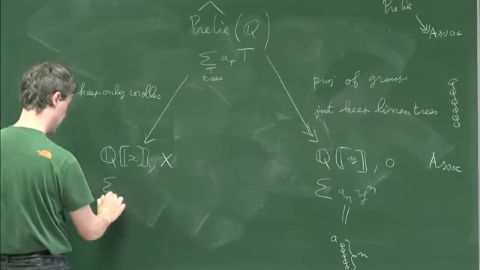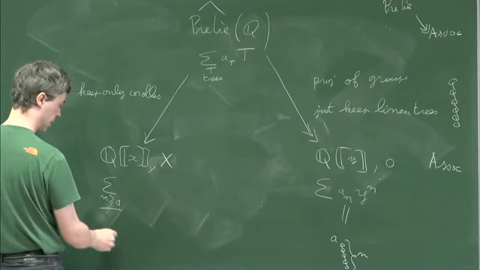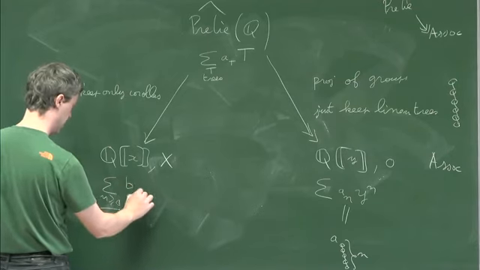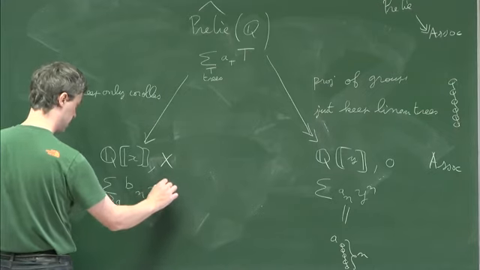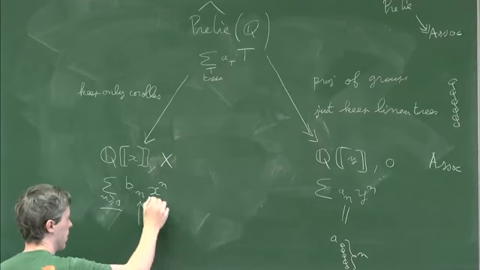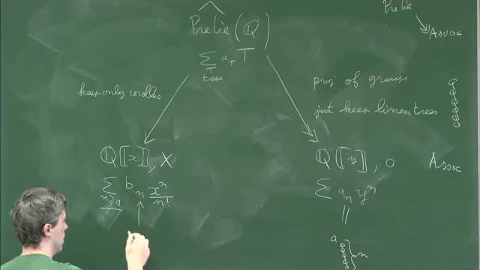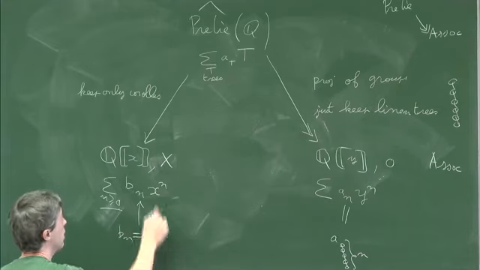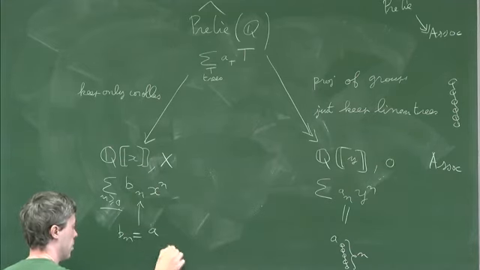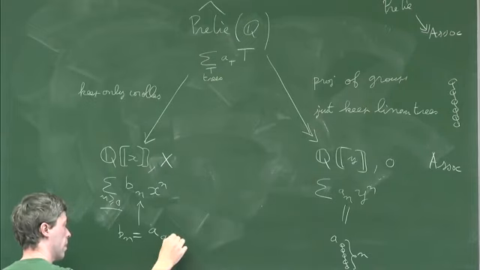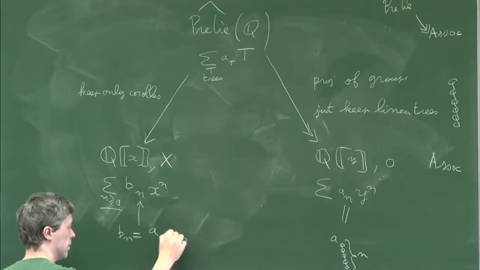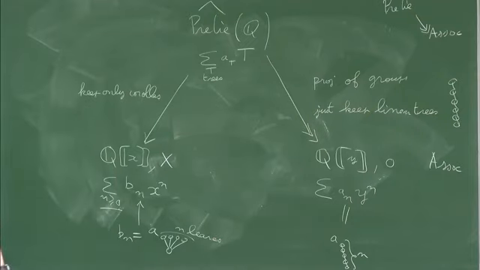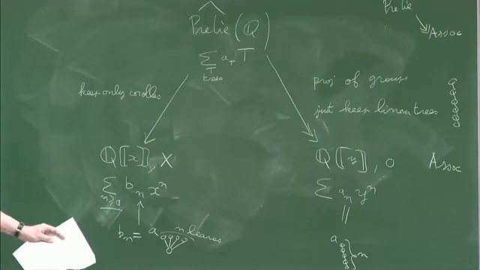I make a sum over n greater than 0 of bn x to the n, and this bn is the a of the corolla with n leaves.